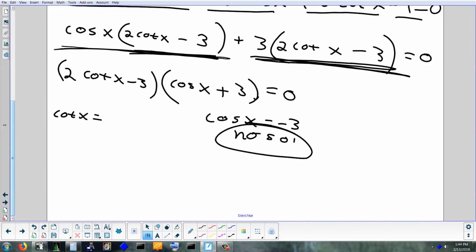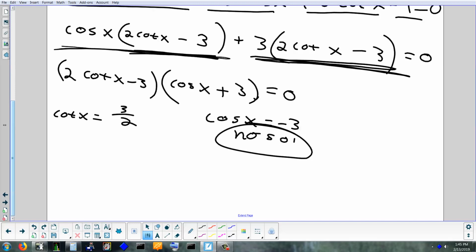What would the cotangent of x equal? 1.5, or 3/2. But we don't want cotangent x, we want x. So how would you get rid of the cotangent function? Inverse cotangent, I agree. What's the problem with trying to do inverse cotangent? There is no button for it.